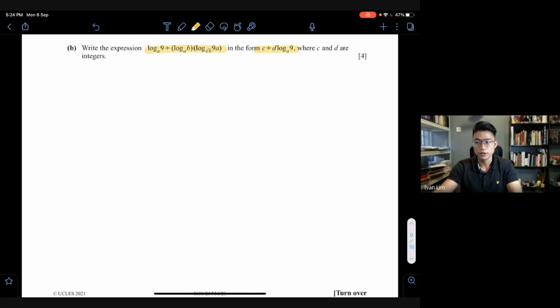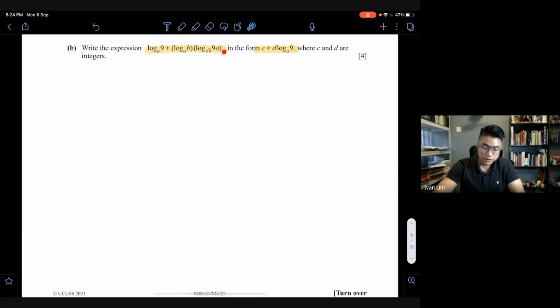Just define what is the angle that you want. In the answer here, they want you to present it in C plus D log A of 9, which means I want my base to be A, right? So whatever doesn't have base A, we change it to base A.